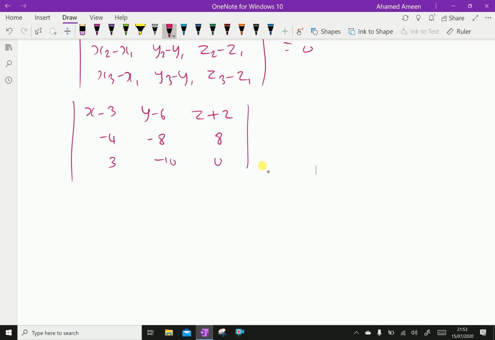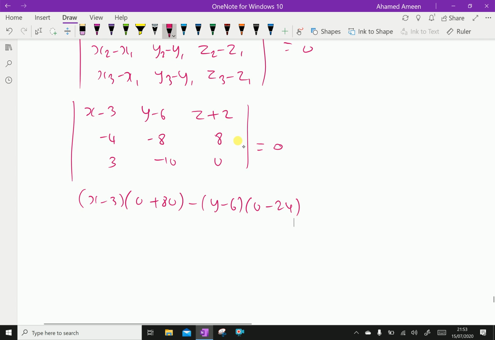Now we'll expand this, equals 0. Expand this: x minus 3 times (0 plus 80) minus y minus 6 times (0 minus 24), because here 3 into 8 is 24.